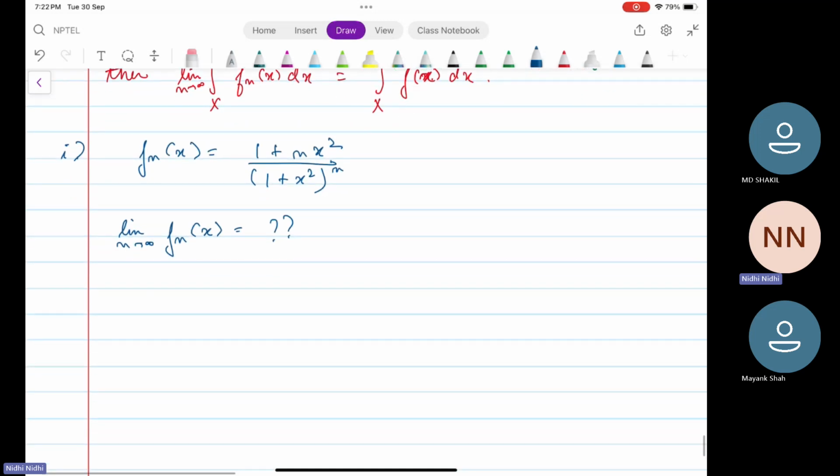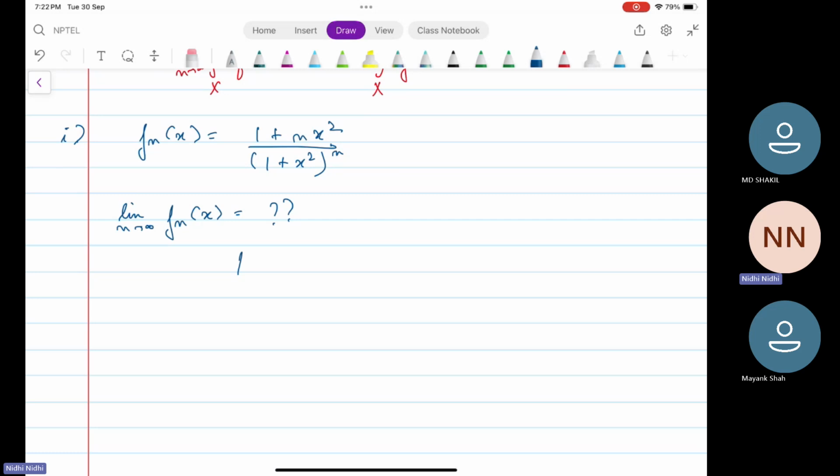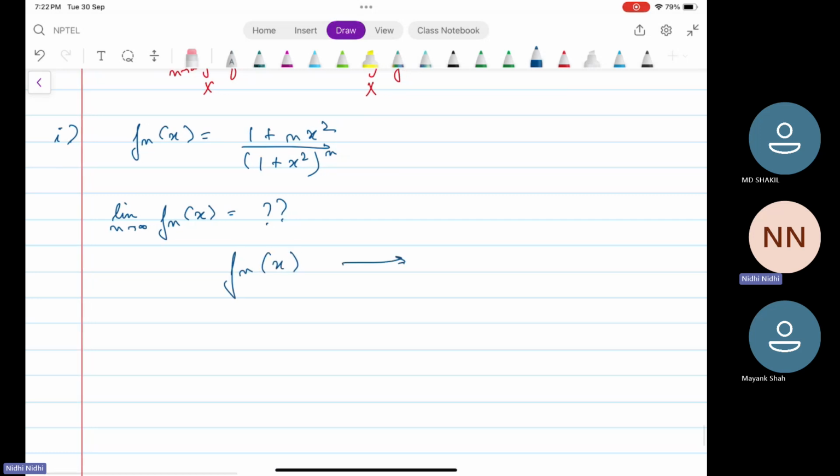So we can say that fn(x) converges to the function f(x), which is equal to 0 when x is non-zero, and equal to 1 when x is equal to 0. Good.